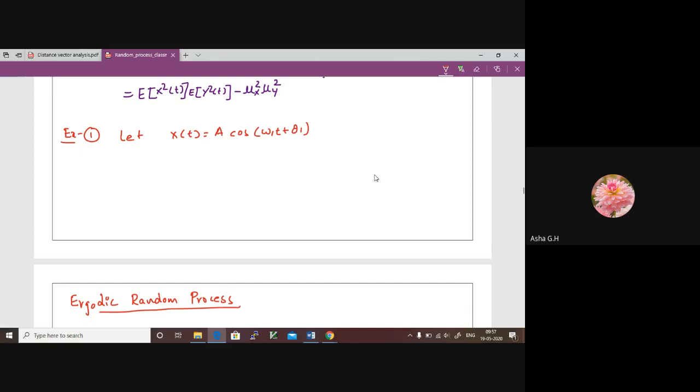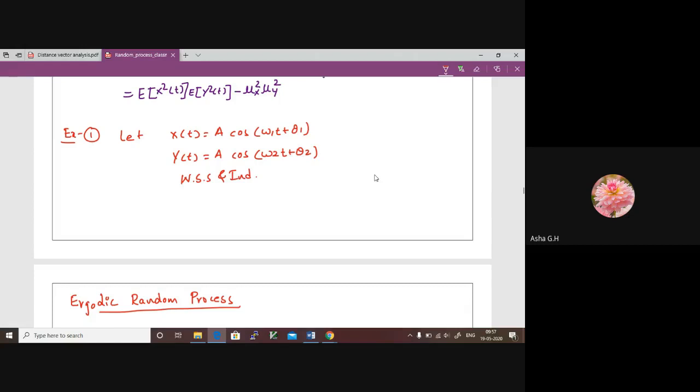This is a random process, and y of t equals a cos(omega 2 t plus theta 2). These are two random processes which are white and stationary, and they are independent.